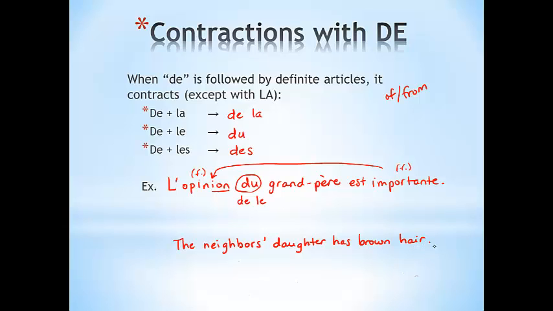So we're using all kinds of things that we've learned in this lesson. So see if you can get it. The neighbor's daughter has brown hair. Notice where my apostrophe is with neighbors.